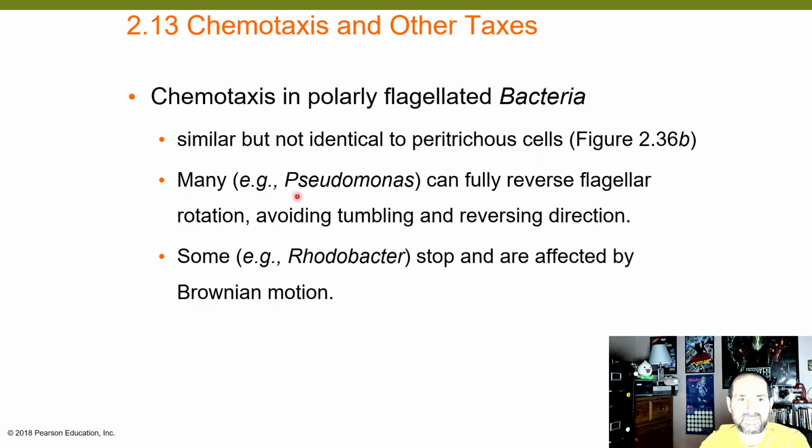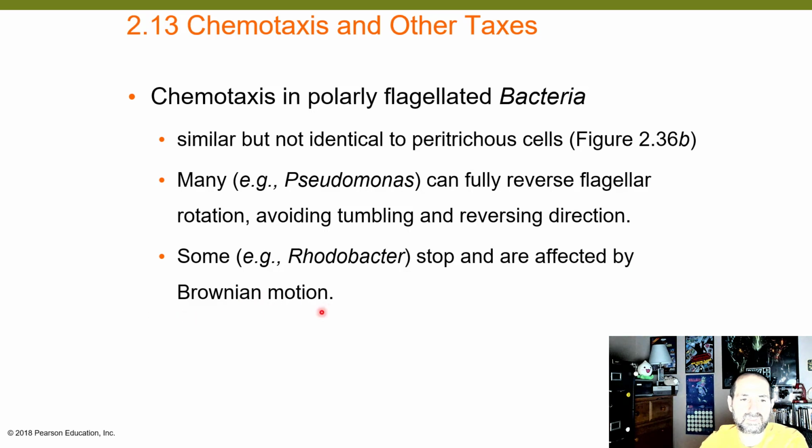Many, including Pseudomonas, can fully reverse flagellar rotation, avoiding tumbling and reversing direction. So if you spin the other way, it just takes you the other way instead of tumbling. That's kind of interesting. But some, like Rhodobacter, stop and are affected by Brownian motion.